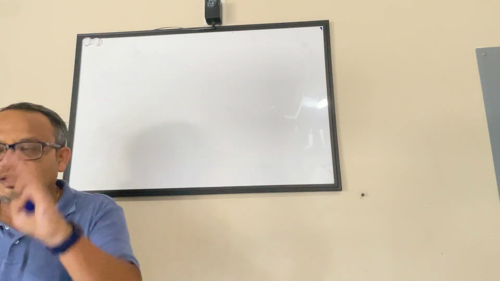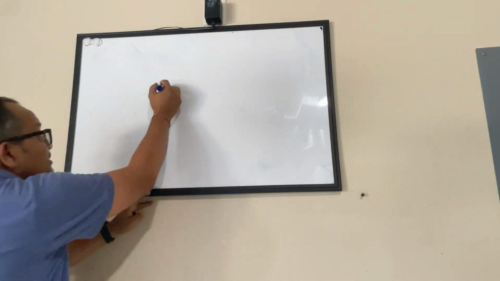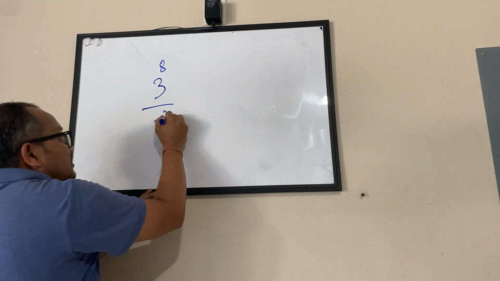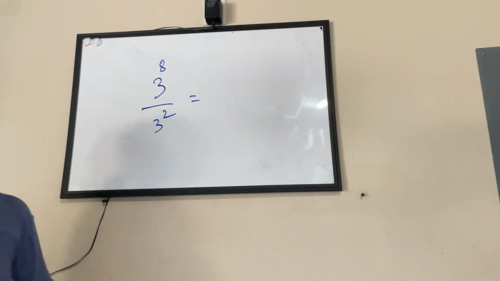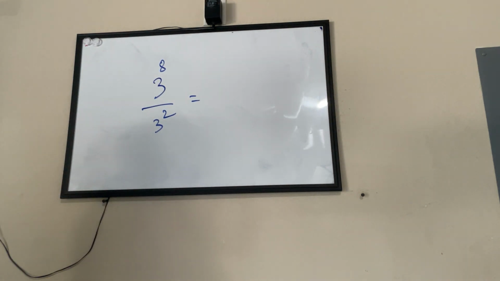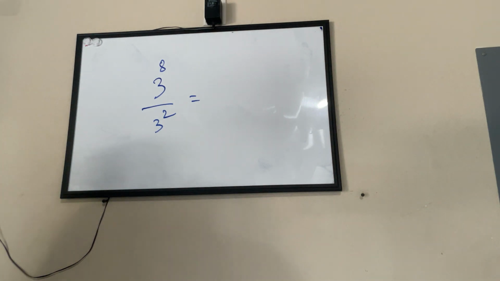At least don't apply the formula that we have learned. Then comes, how much is this? Do you guys remember? 3 to the power 8 divided by 3 to the power 2. Is it?